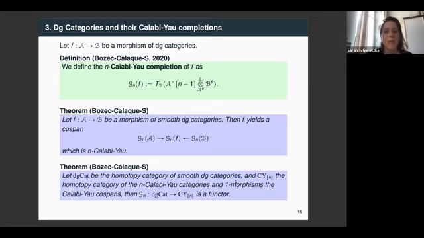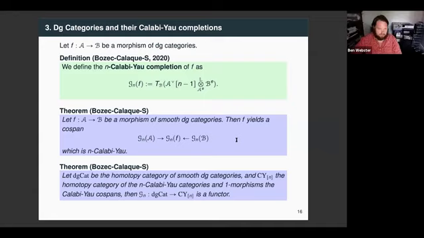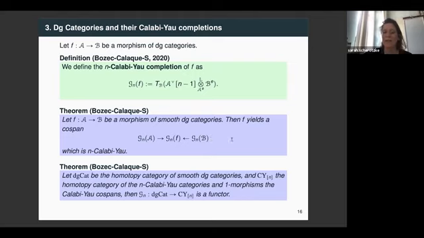What I haven't explained is, if I take as one-morphisms in this category CY the cospans, how do I compose morphisms? That's not difficult to do. I just need to take a pushout construction, and then I can compose these Calabi-Yau cospans and produce in this way new Calabi-Yau cospans.